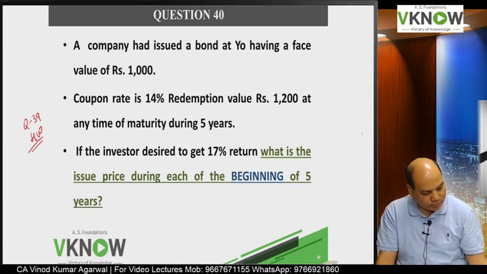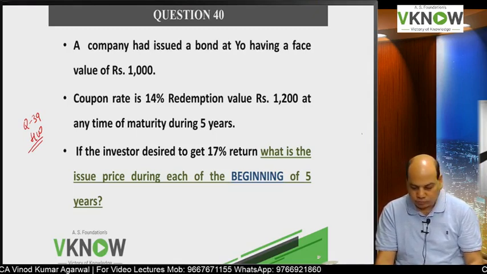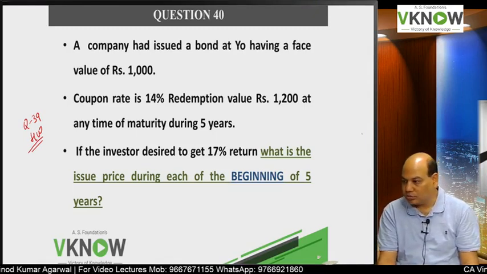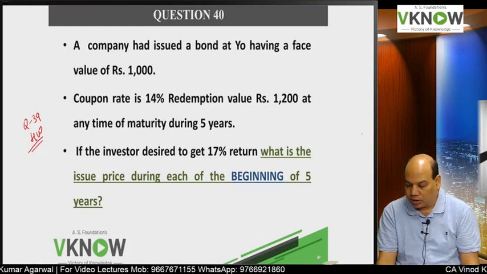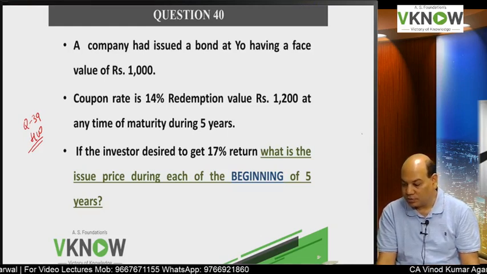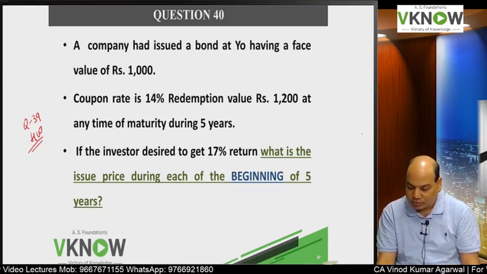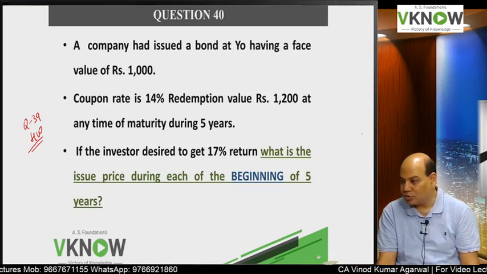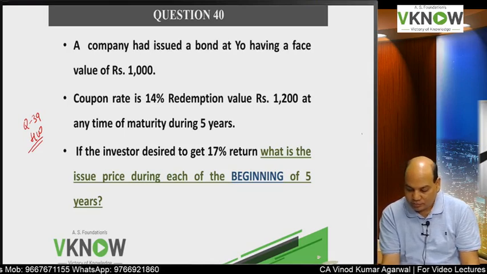Question 40. A company had issued a bond at year 0 having a face value of rupees 1000. Coupon rate is 14%. Redemption value is rupees 1200 at any time of maturity during 5 years.